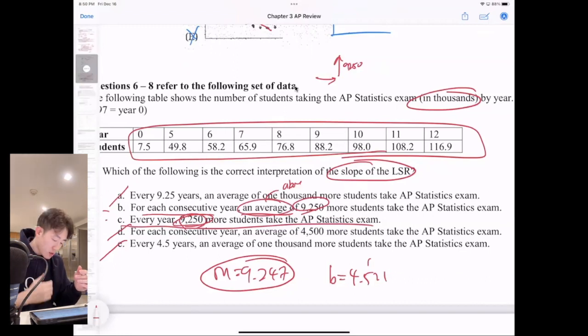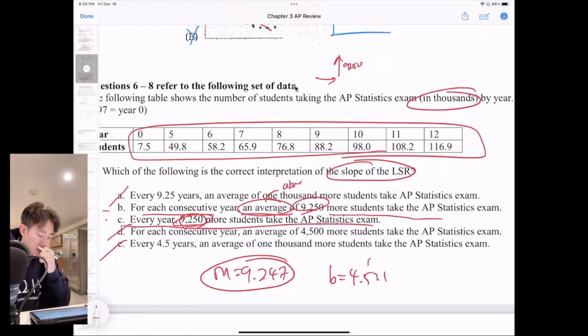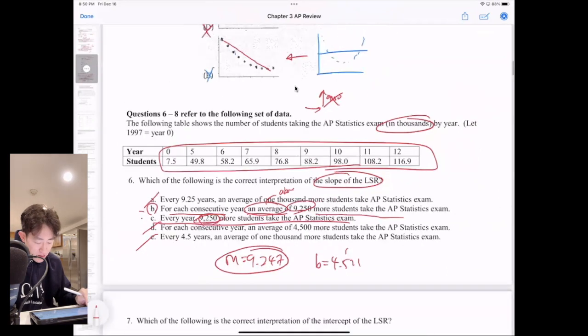That's what I'm looking for. We want those cushioning words. An average of 9,250 more students will be taking the exam. That's the better answer out of the two, and it is the correct answer. C is saying it's a guarantee, but that's never a guarantee. You never know what's going to happen. So it's going to be B.